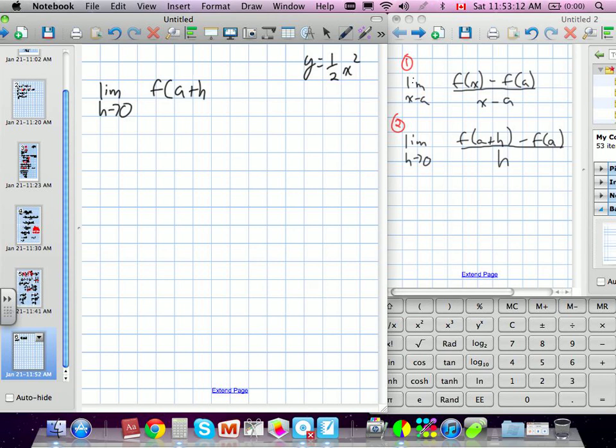So we put our function into use here. The function is 1/2 times a plus h squared, minus the function at a, so 1/2 a squared, all divided by just the letter h.